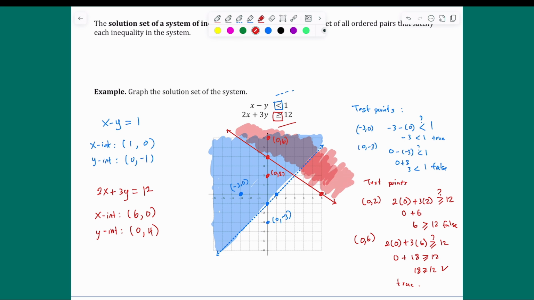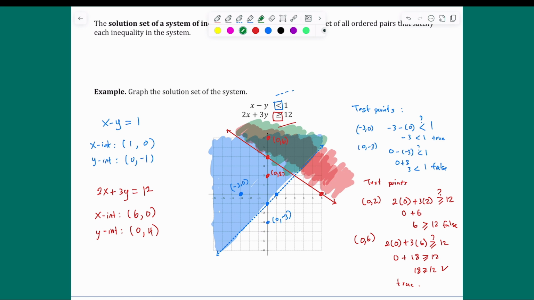So the solution set is essentially where they meet, or where they overlap. You can see that they're overlapping in the region here. This region that I'm highlighting in green, hopefully it comes out green, is the solution set. All the points on the red solid line would work.